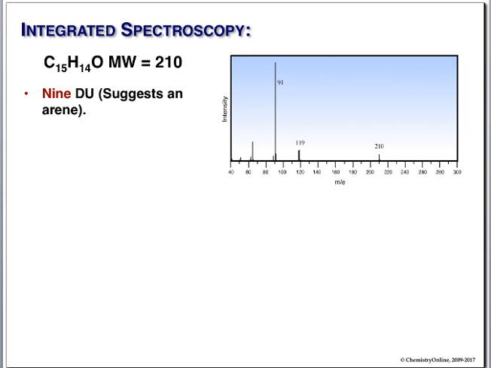Lots of benzene rings here. If a benzene ring is 4, this might suggest that we have 2 benzene rings and 1 more DU.